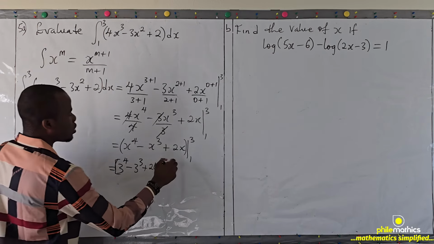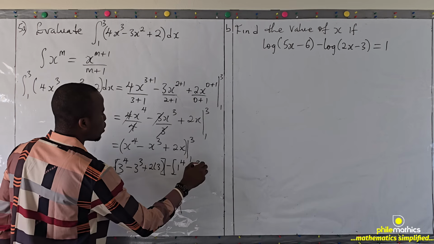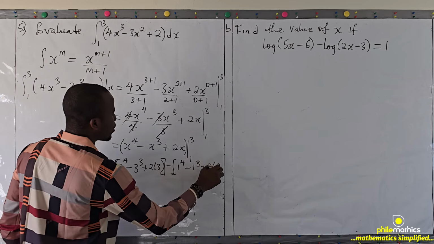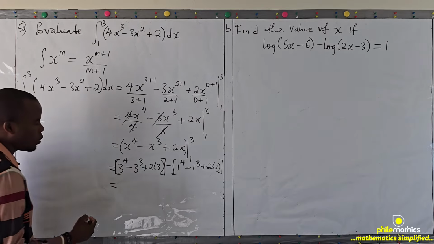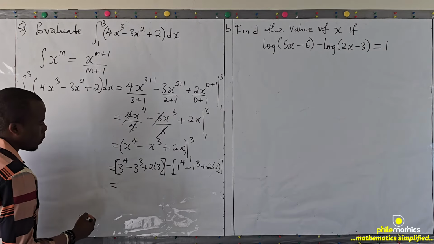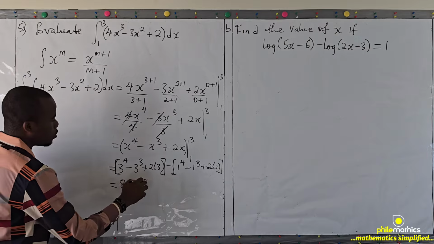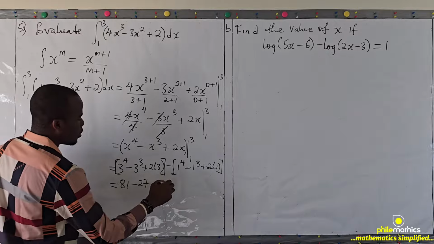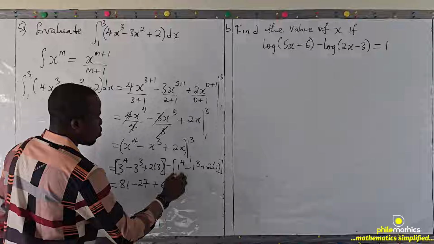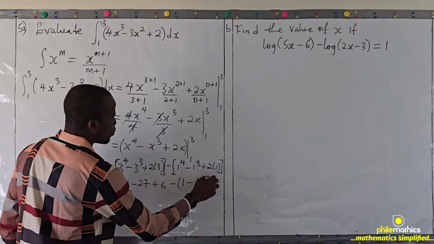Let's put 1. 1 to the power 4 minus 1 to the power 3 plus 2 into 1. So this will be 3 to the power 4 is 81. 3 to the power 3 is 27. 2 times 3 is 6, minus 1 to the power 4 is 1. 1 to the power 3 is 1. 2 times 1 is 2.